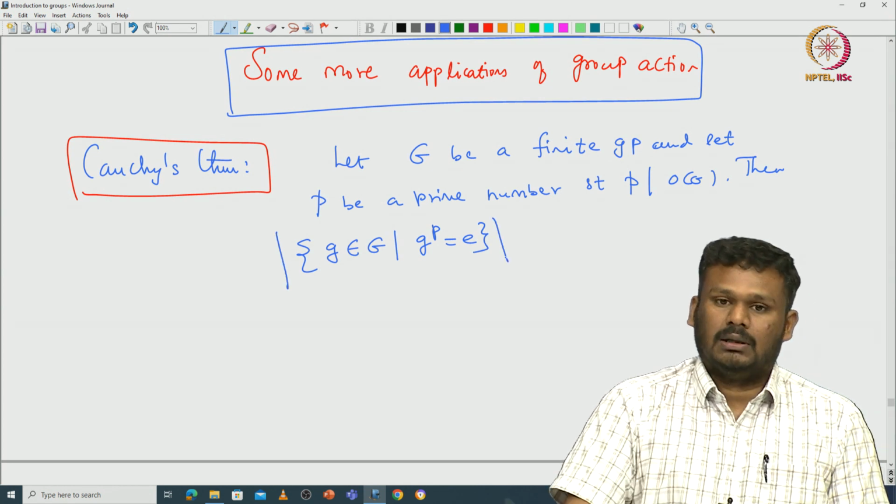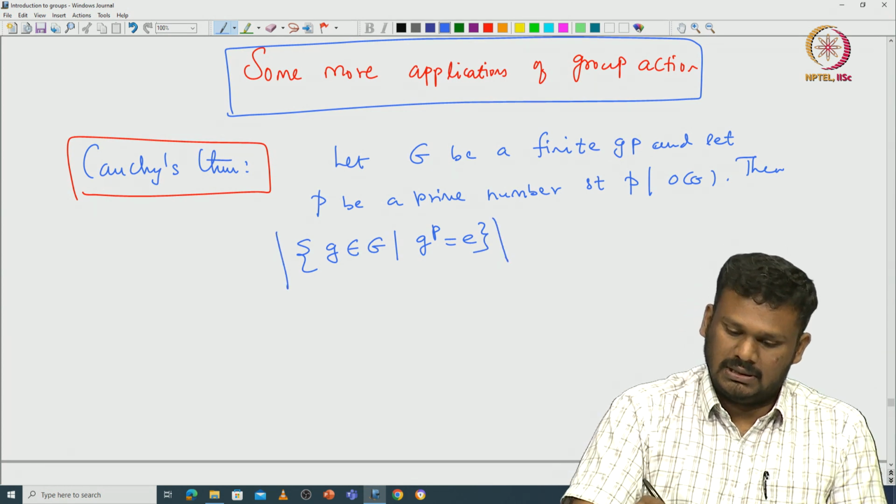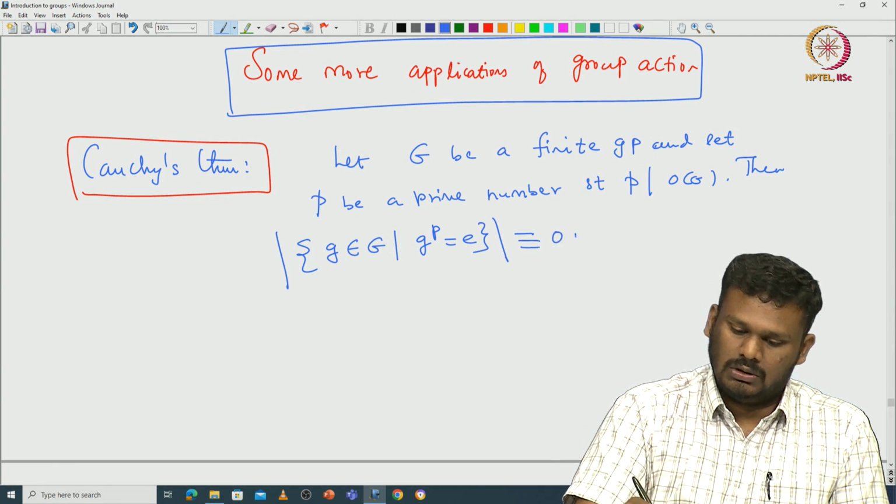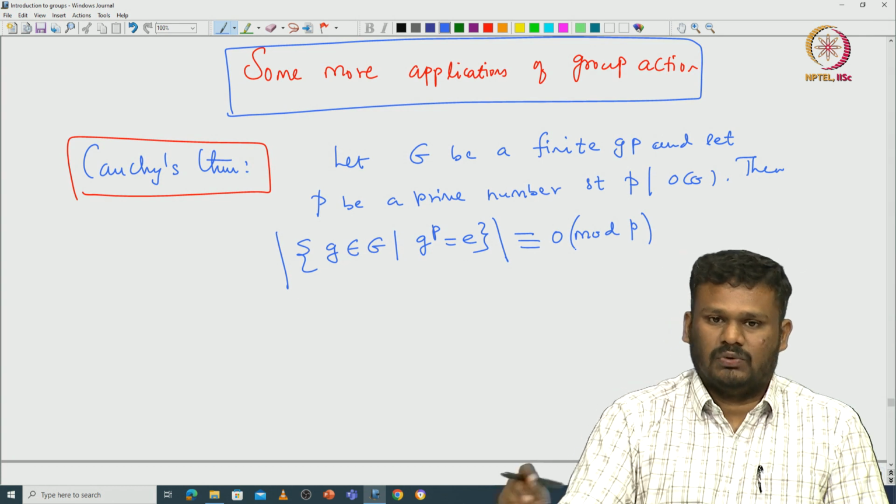The number of elements in this set is exactly congruent to 0 modulo P. Okay. So, this is what we proved.